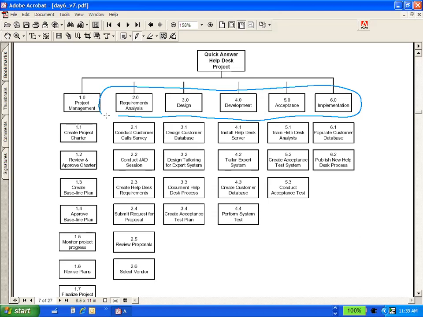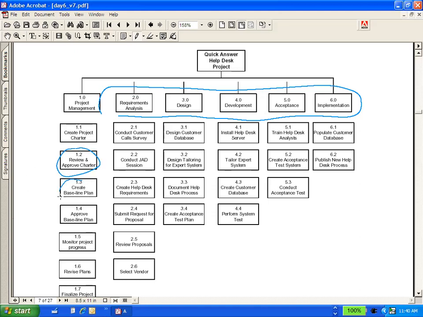So if you look at page 7 of day 6, the Quick Answer help desk project that we started with in day 2 has this sort of a WBS, right? Somebody has to create a project charter. Somebody has to review and approve the charter.